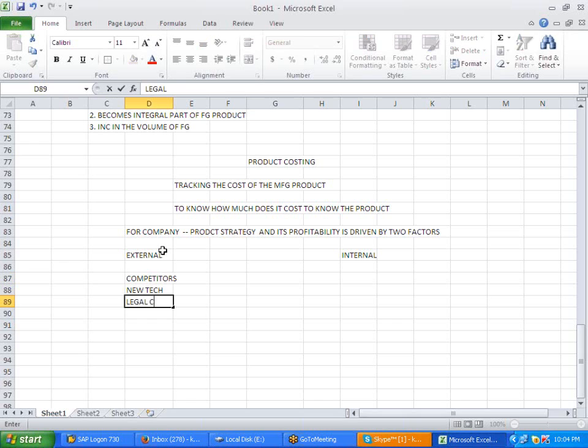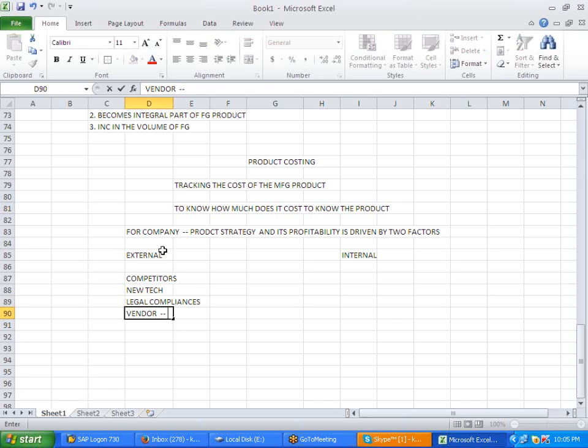Legal compliances, it affects, right? If they are adopting certain legal compliances that are given by the law of the land, for example, in a particular manufacturing or process industry, the ingredients will be given on that product. How much should be mixed, how much should not be mixed, what quantity should be mixed. They have to abide by all those legal compliances.